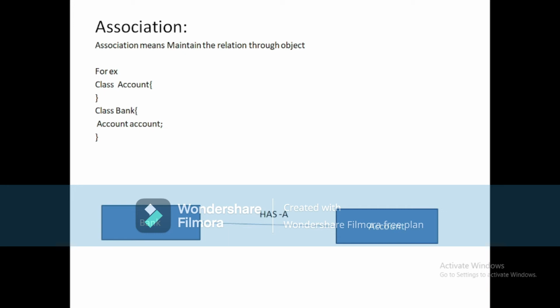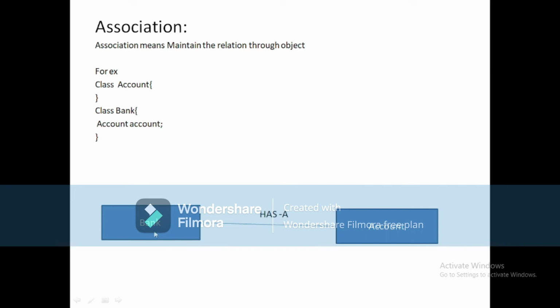Here I took account and bank. Bank has a relationship with account, so I just injected or provided the object or reference of account into the bank. So this is a has-a relationship.